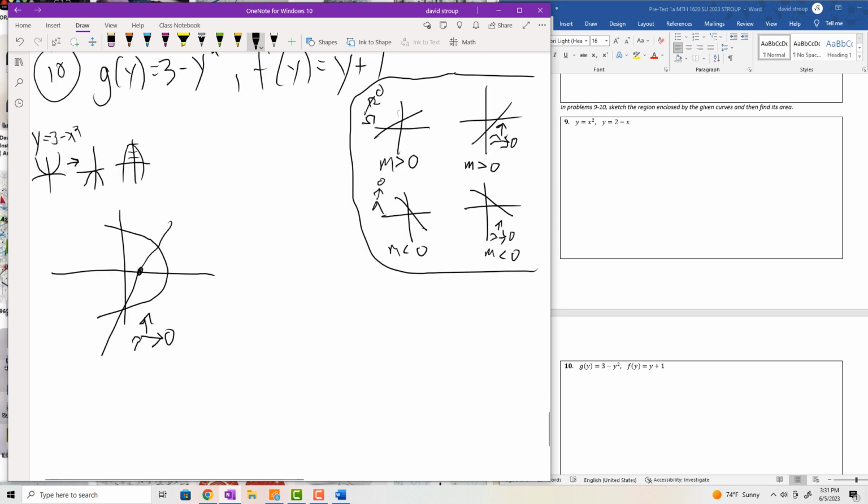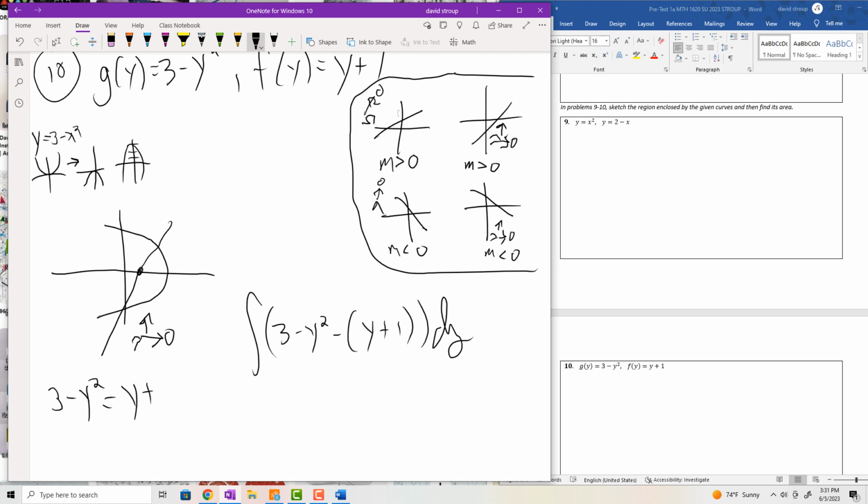And so the top this time is the parabola, and the bottom is the line. The curve to the right is 3 minus y squared, and the bottom curve is y plus 1. Last but not least, we need to tell the Riemann person where to run, from where to where. So we'll have 3 minus y squared equals y plus 1.